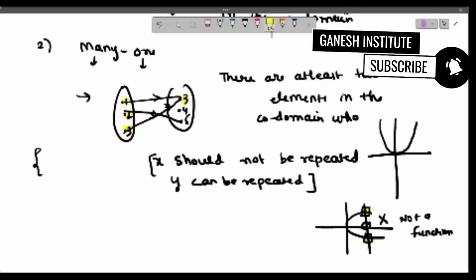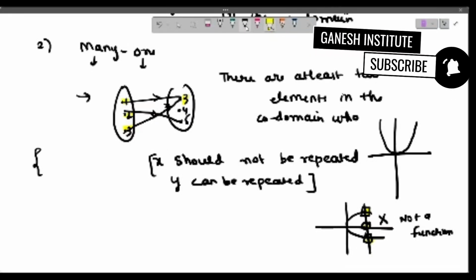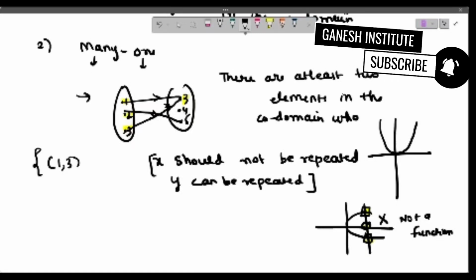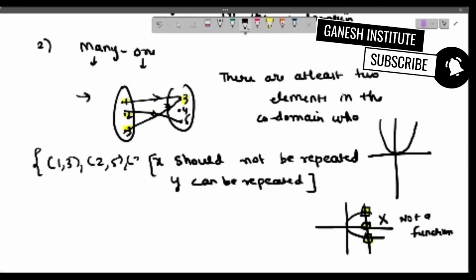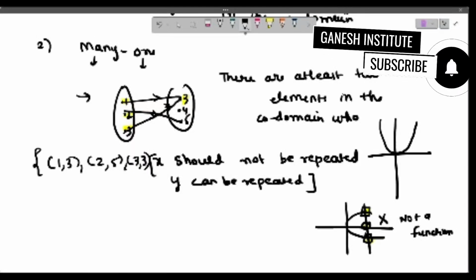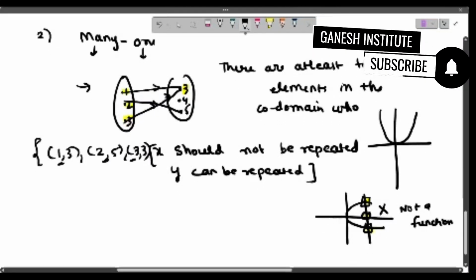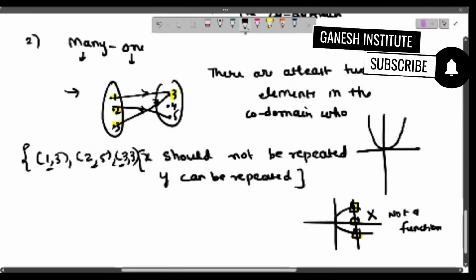So it is a function. Are you getting my point? So if you have to write this way, (1,3), (2,5), (3,3). So x is not repeating. So that means it is fine. It is a function.